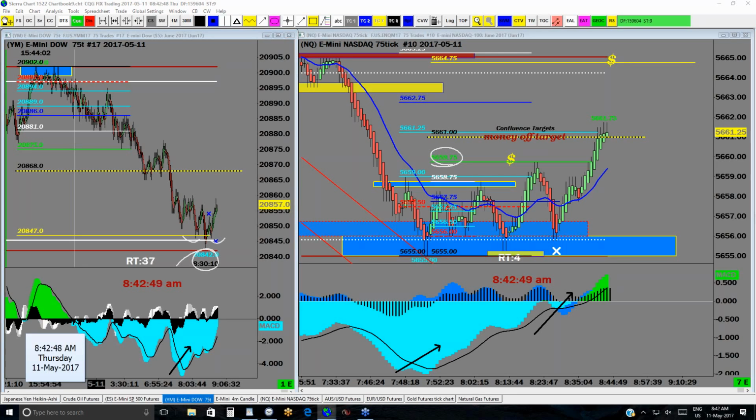Erase the drawing. So the blue X here is a higher low, and the blue X here on the chart on the left is now a lower high, but it's been taken out.